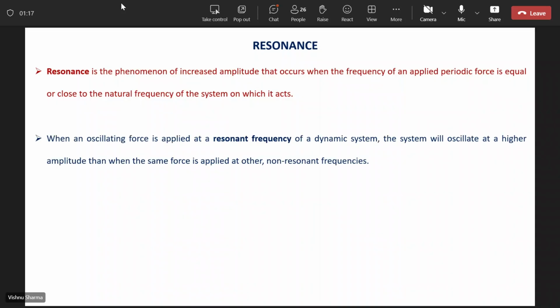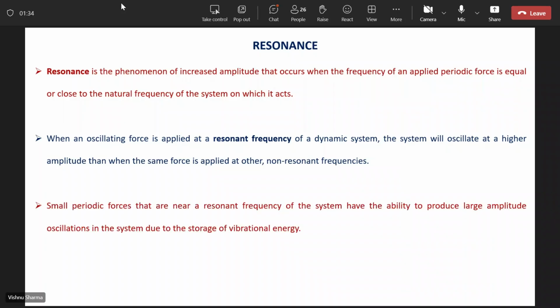When an oscillating force is applied at a resonating frequency of a dynamic system, the system will oscillate at a higher amplitude than when the same force is applied at non-resonant frequencies. Small periodic forces that are near a resonant frequency of the system have the ability to produce large amplitudes of oscillations in the system due to storage of vibrational energy.